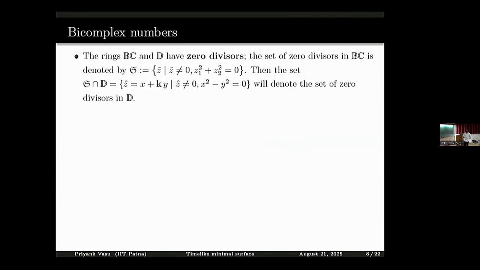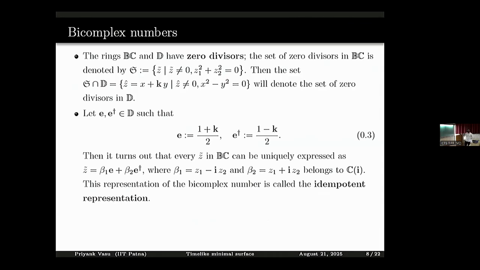Now, the zero divisors of bicomplex and split complex numbers are defined in this way. Okay, now there is one more representation, which is much more helpful for doing analysis with bicomplex numbers, and that representation is called the idempotent representation.